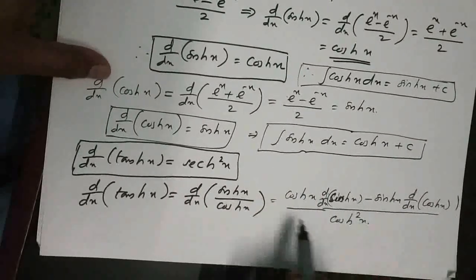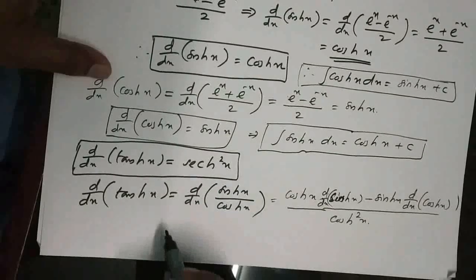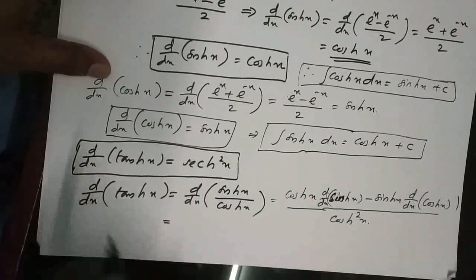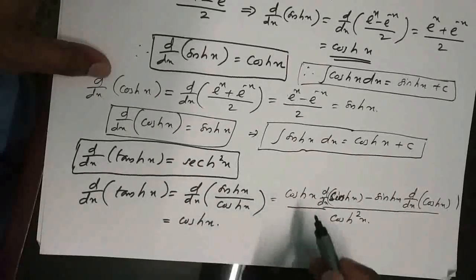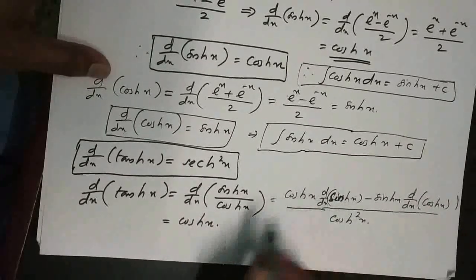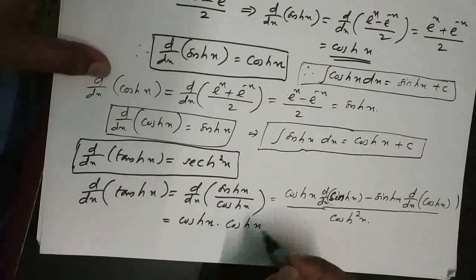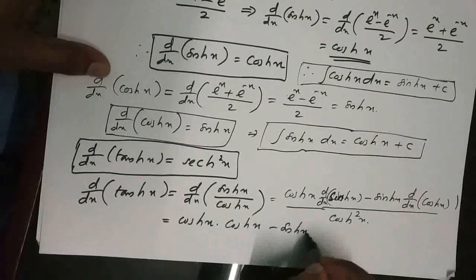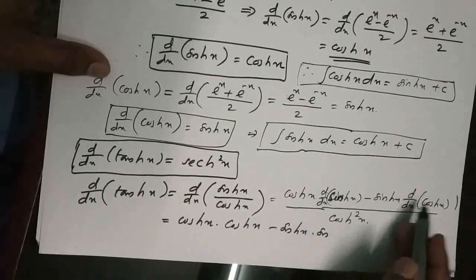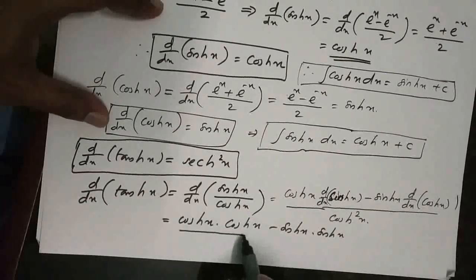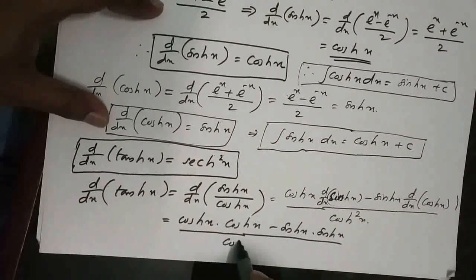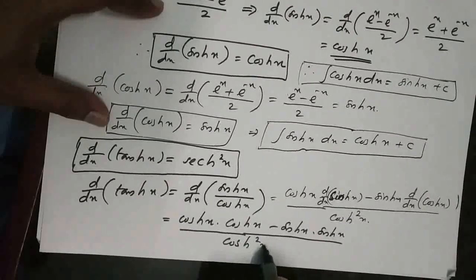We need to prove this is equal to sech square x. This is nothing but cosh x into the derivative of sinh x, which is cosh x. So cosh x into cosh x minus sinh x into the derivative of cosh x, which is also sinh x, divided by cosh square x.